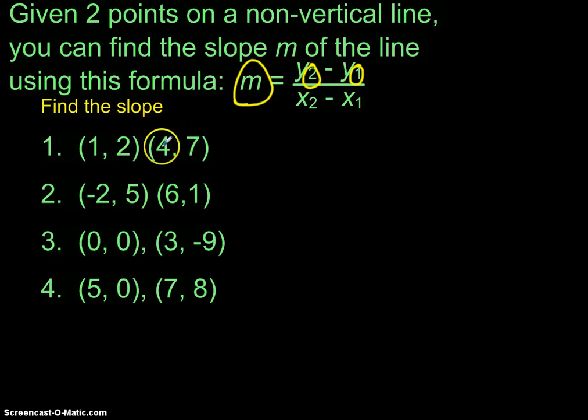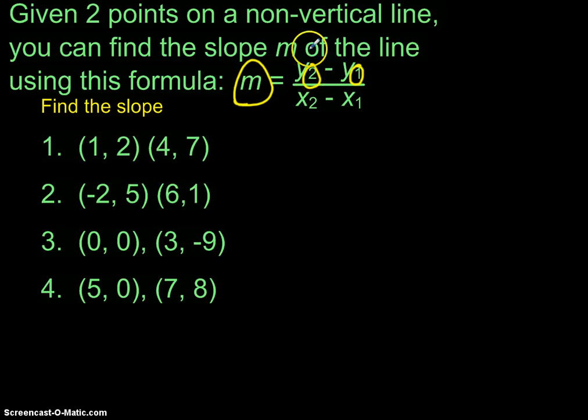It just means I've got more than one y, so I need to differentiate which y is which. Okay, so if I had like 3 ordered pairs, I would have y3, y2, y1. So it's just telling me I've got 2 different y's here, and one of them is y sub 1, one of them is y sub 2. There's nothing mathematical about it other than just differentiating between the 2 y's.